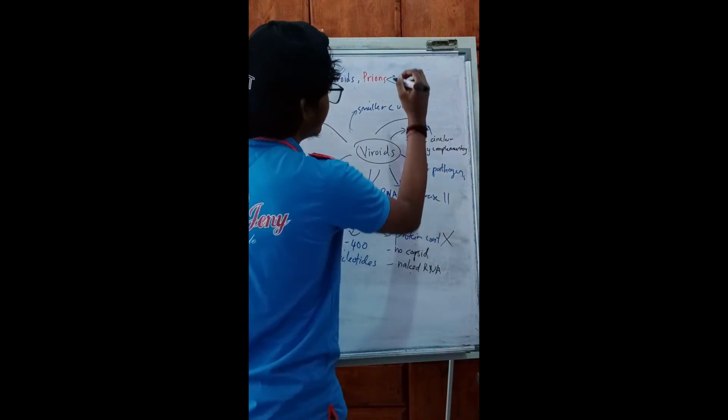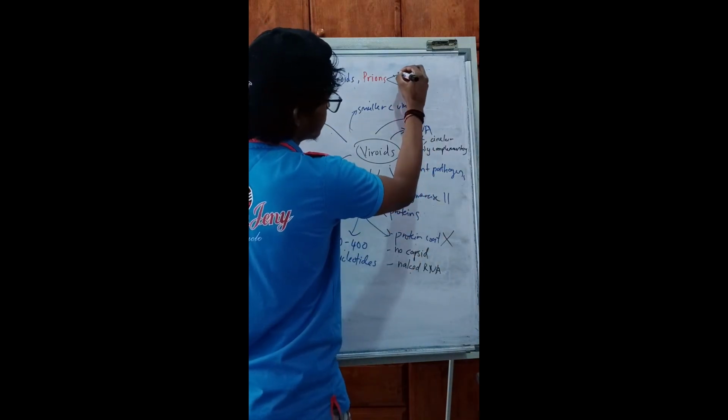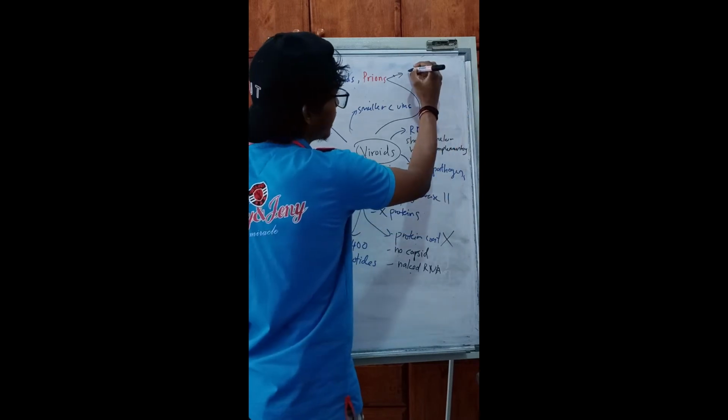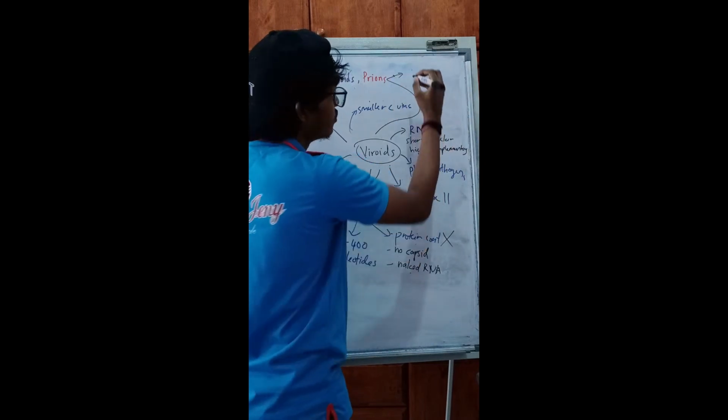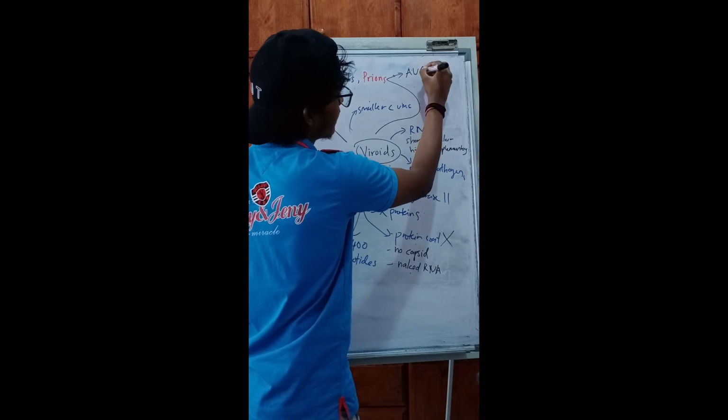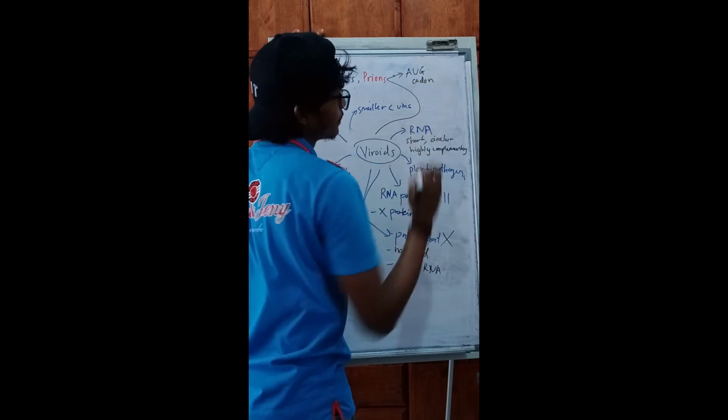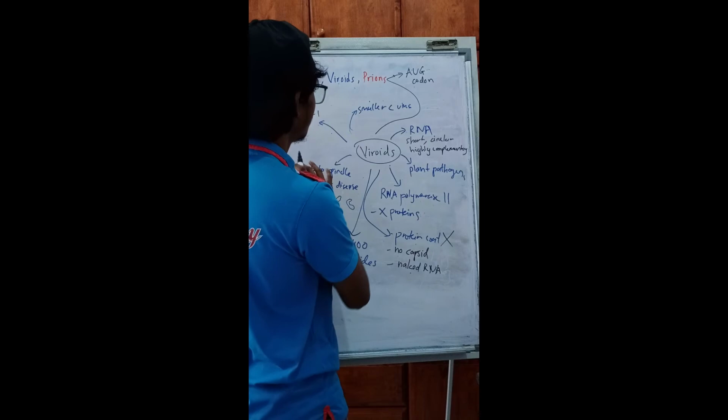Another point is that viroids do not have an AUG codon. So these are basically the features of viroids.